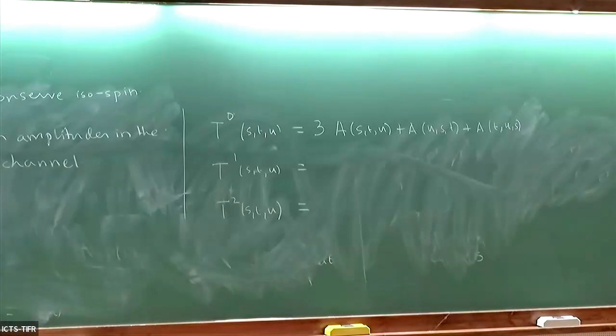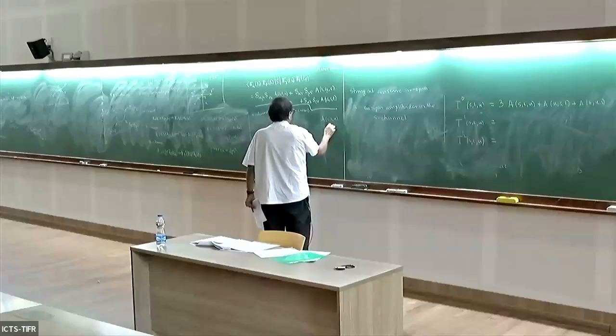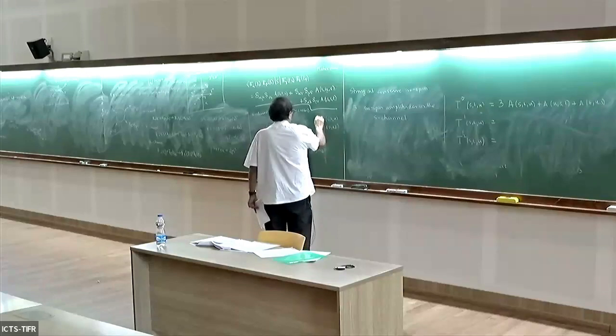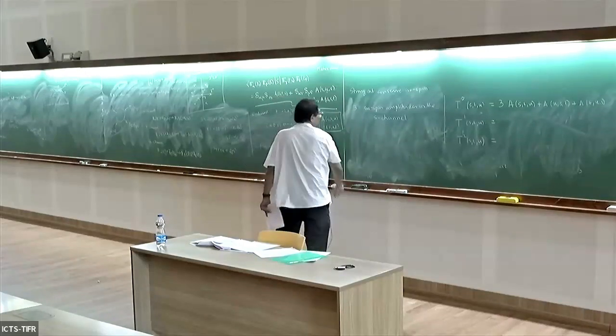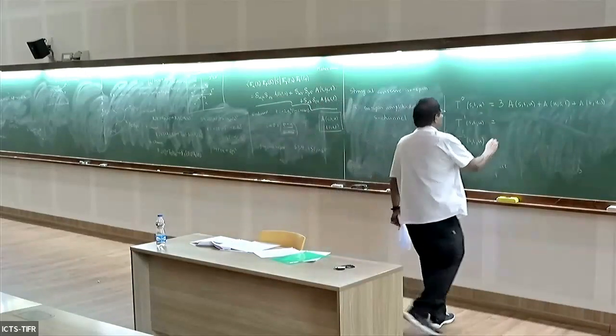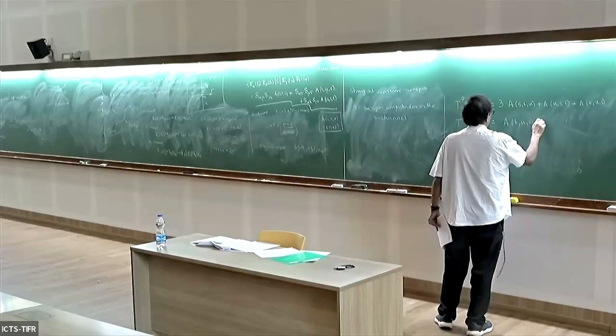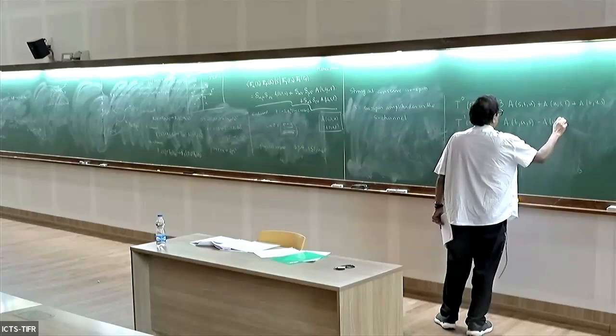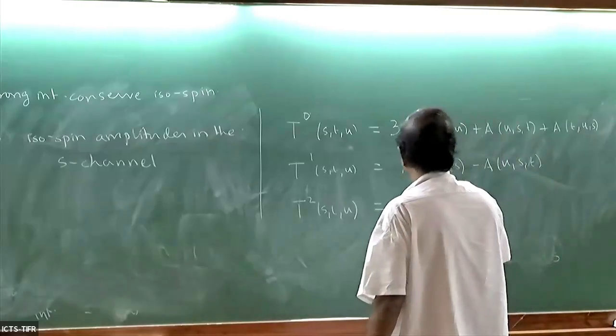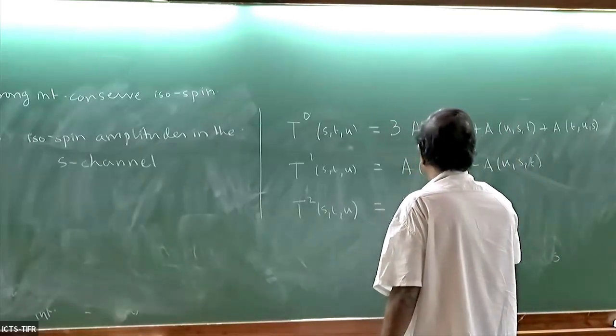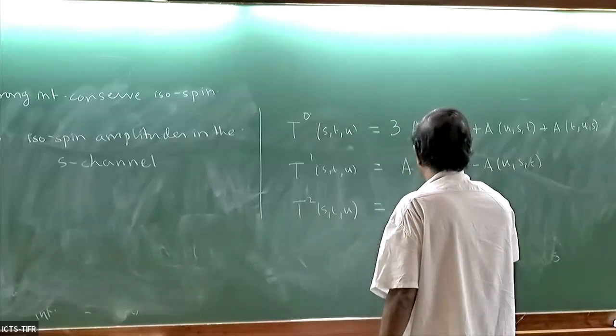A(S,T,U) is A(S,U,T). This is a property that is satisfied by this. So this is A(T,U,S) minus A(U,S,T), and finally this is A(S,T,U).